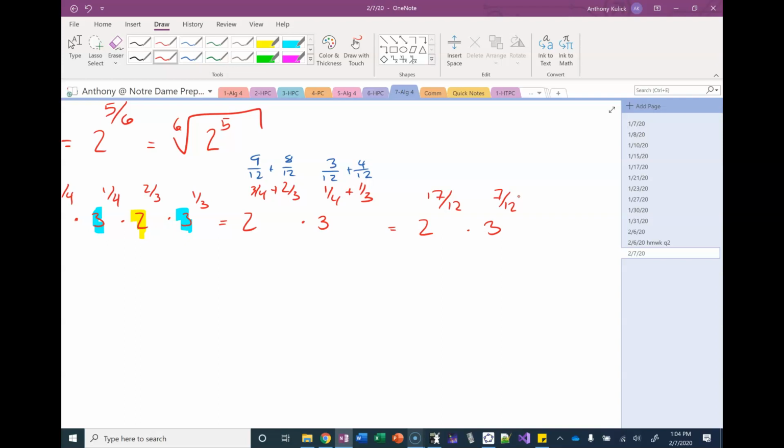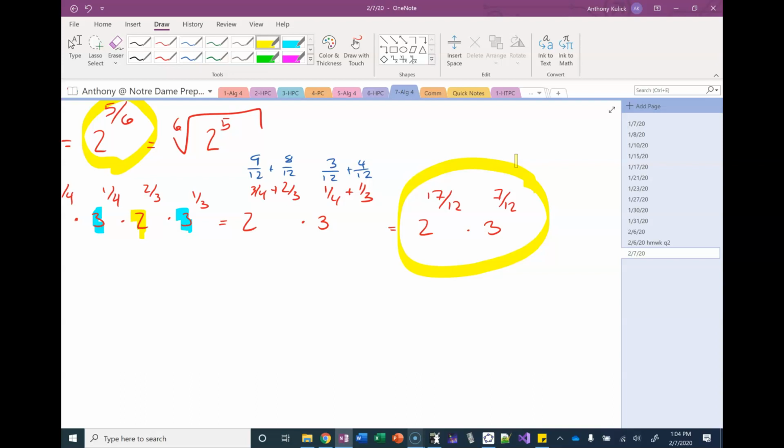Now let's look at the second to last step of this problem. Let's compare the second to last step of the previous problem with what we have here. What do you notice that's different between these two?